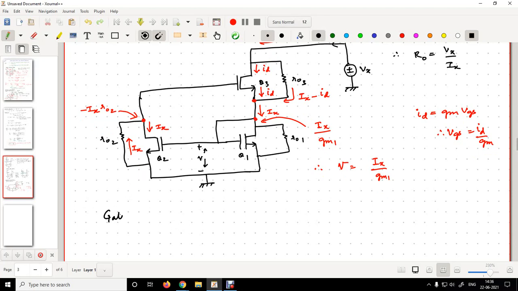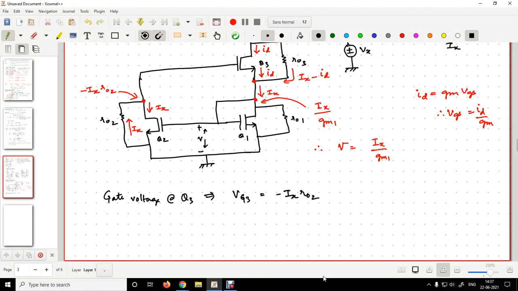Gate voltage at Q3, I will call it VG3, which is how much? Minus Ix into R02. Similarly, source voltage at Q3, same thing, which is this.